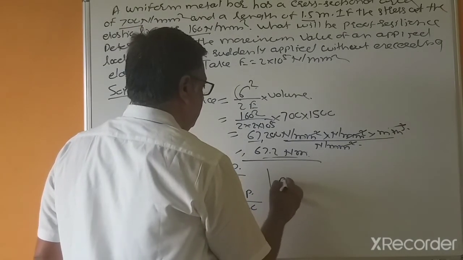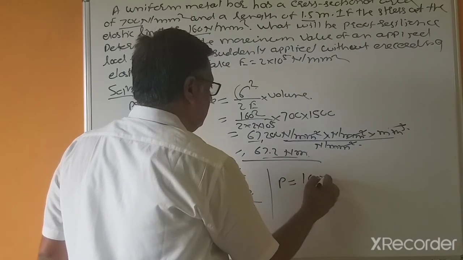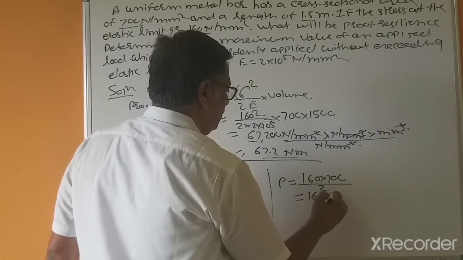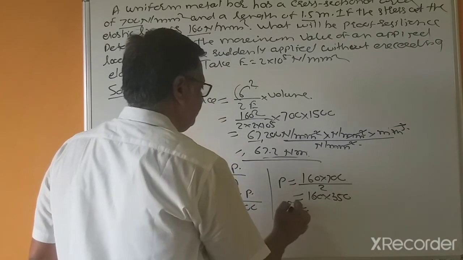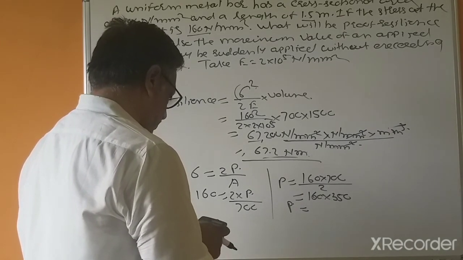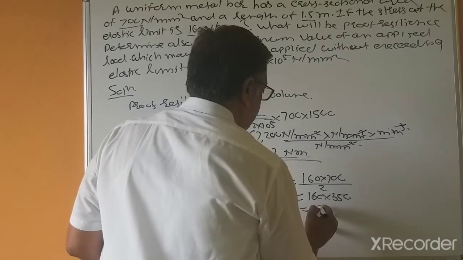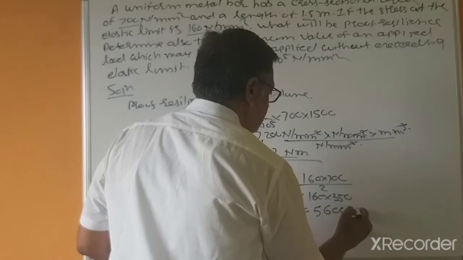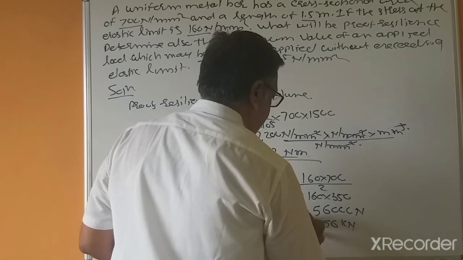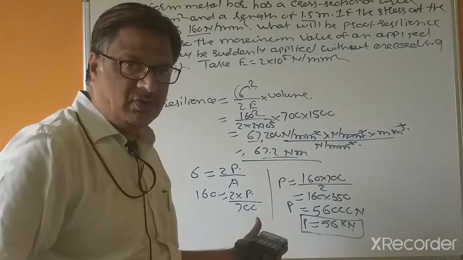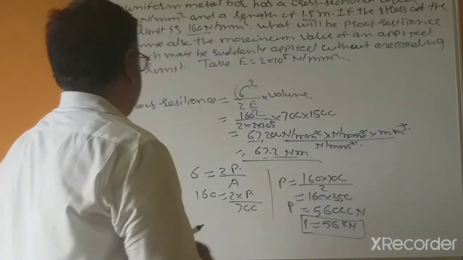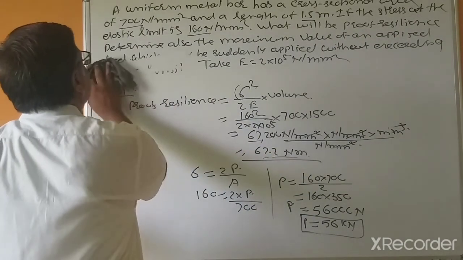So P equals 160 multiplied by 700 divided by 2, which is 5600 Newton, or you can say 56 kilonewton. So this is the maximum load that we can apply within the elastic limit. This is today's first problem.